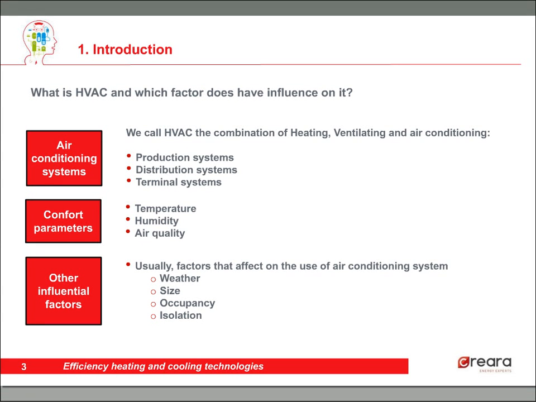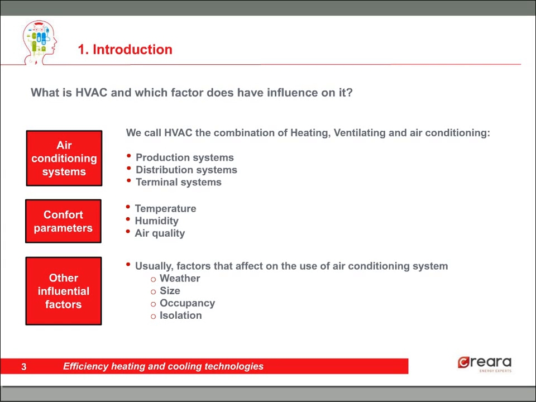Then we have distribution systems, which are the ones that distribute all the thermal energy throughout the building. And finally, we have the thermal systems, which are radiant floor, normal conventional radiant systems, radiator systems, fan coils, air handling units.